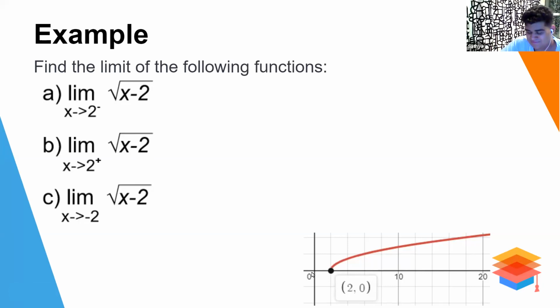So we can write 0. The limit at 2 plus is existing, and at 2 minus is not existing. Are you getting now what we are discussing? Yes, sir.